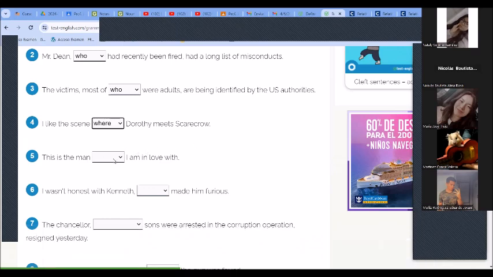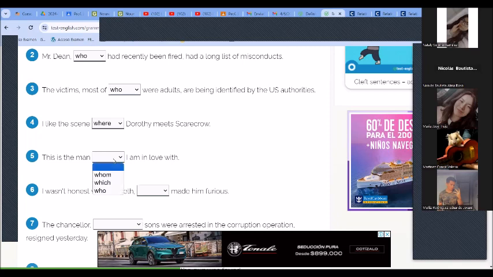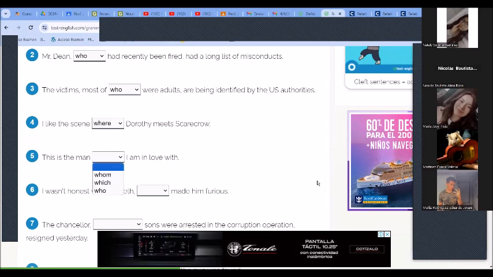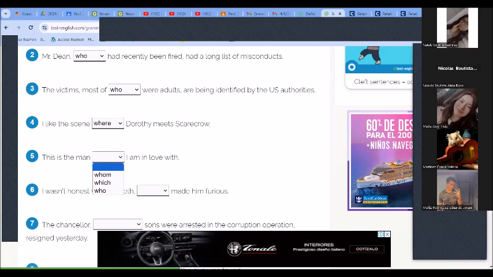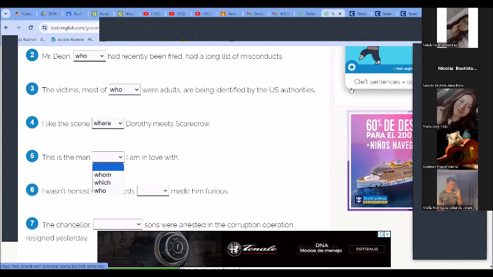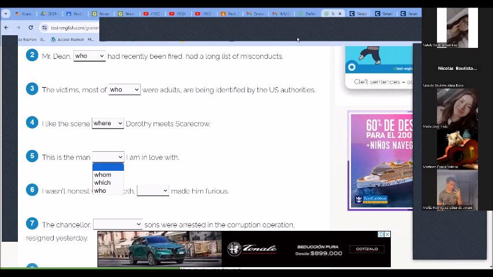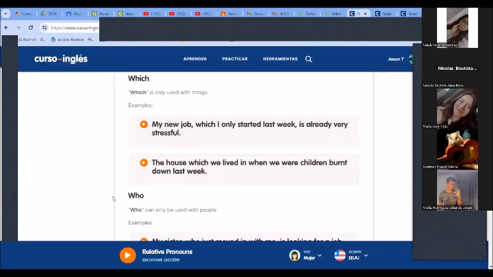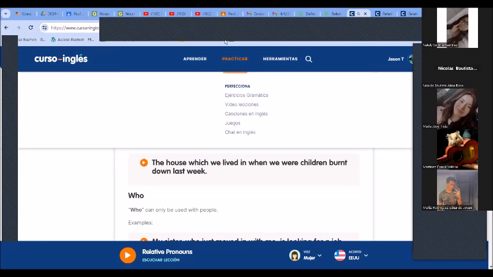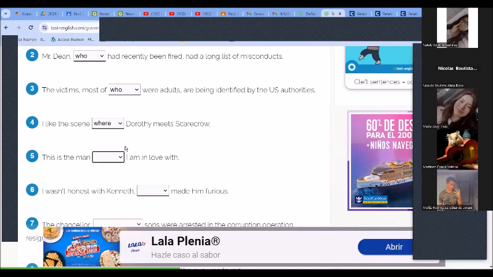Natalie, number 5. This is the man which I am in love with. Sure. But is the man a person? And what do we use for people? We use who. Whom?